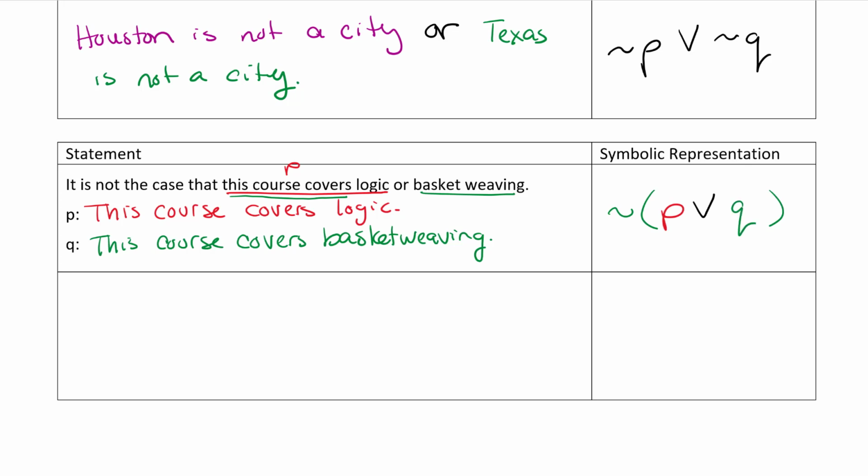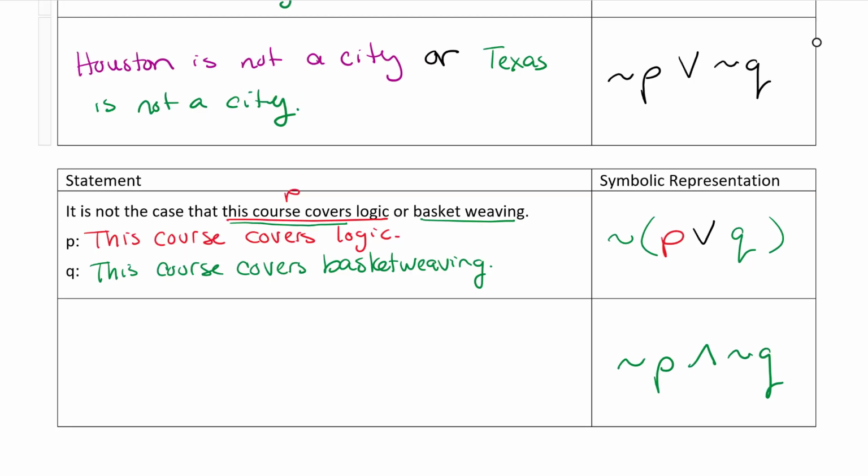So if we use De Morgan's laws, the equivalent statement of it is not true that P or Q is not P and not Q. Not P and not Q. Okay, so if I want to write not P, I am going to write this course does not cover logic.